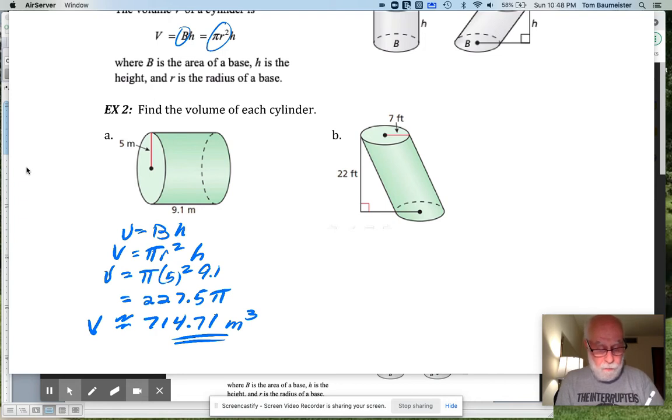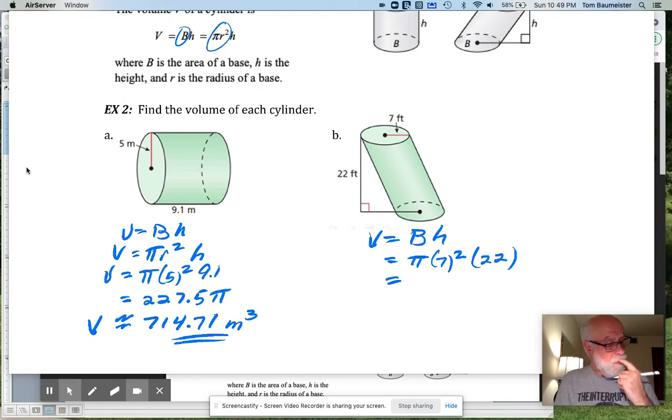For the second one, V equals capital B times H, where B is the area of the base. In this case, it would be pi times our r, which is 7, squared, times our height, which is 22. If I leave it in terms of pi, I'll get 1878 pi.